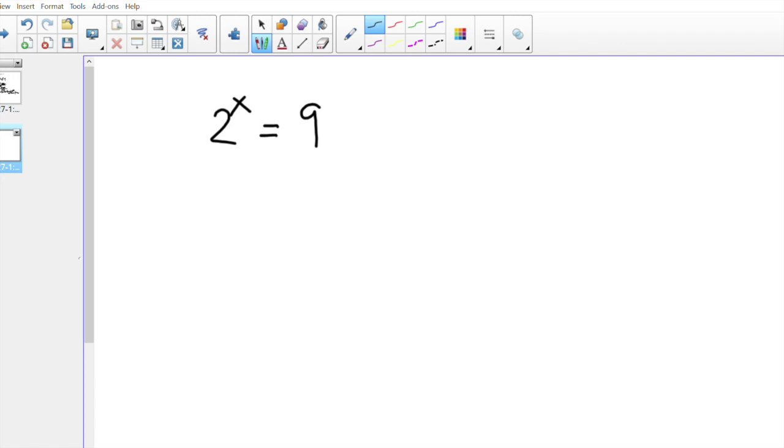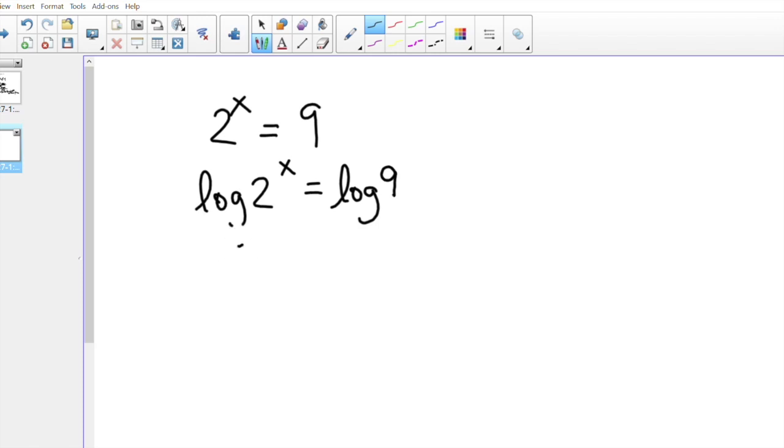Now, what we're going to do is write the log of 2 to the power of x is equal to the log of 9. If you put the log on one side, you have to put the log on the other side.